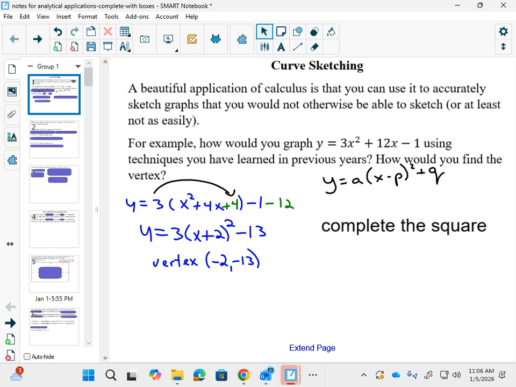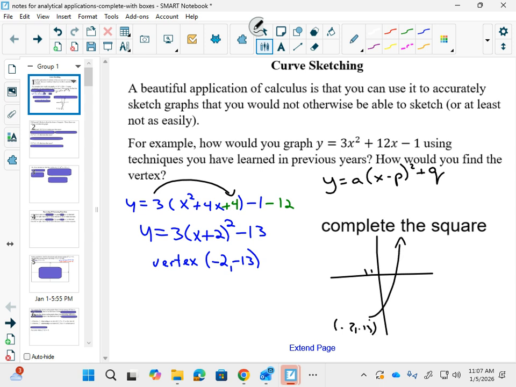So if we think about graphing this right now, do you know this parabola opens up? Because the a value is positive. And now that you know the vertex is at -2, -13, it looks something like this.